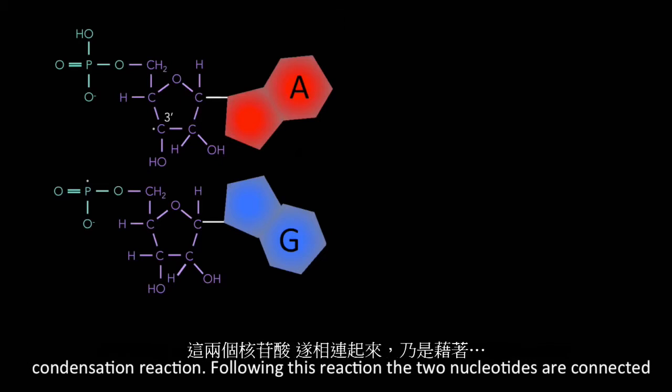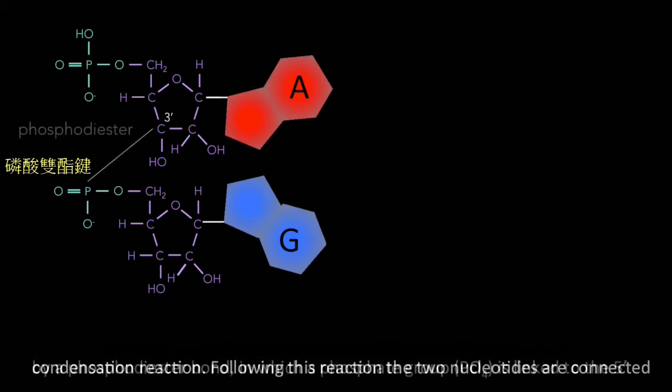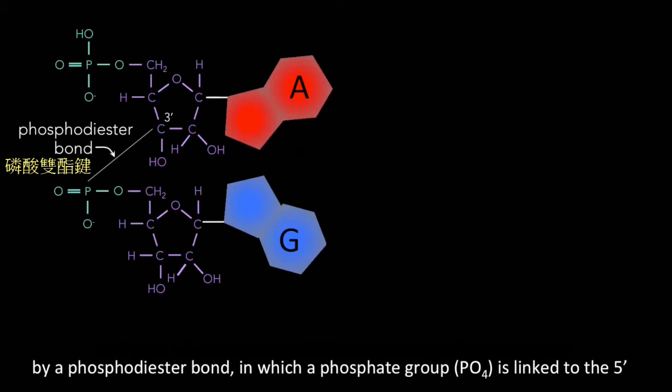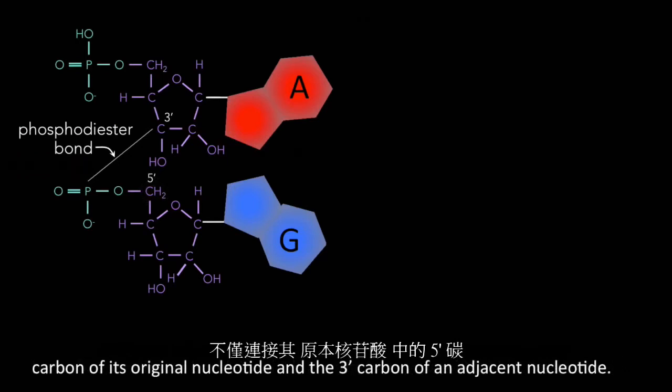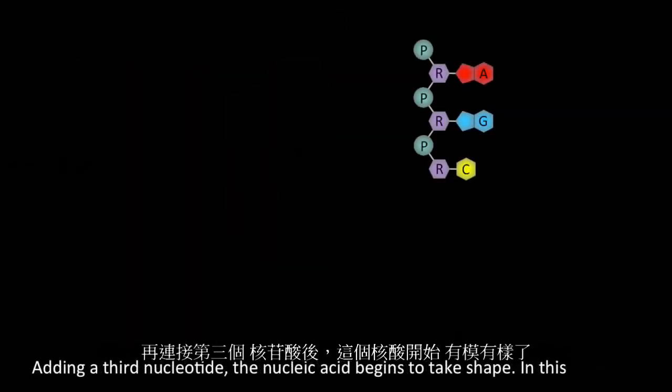Following this reaction, the two nucleotides are connected by a phosphodiester bond, in which a phosphate group is linked to the 5' carbon of its original nucleotide and the 3' carbon of an adjacent nucleotide. Adding a third nucleotide, the nucleic acid begins to take shape.